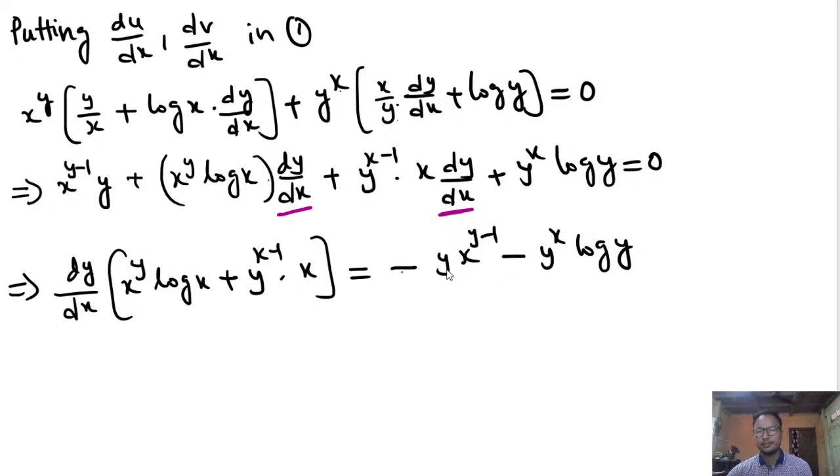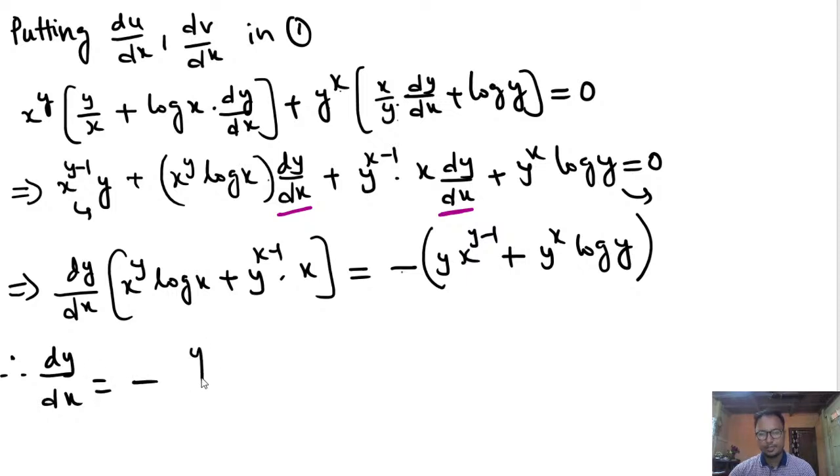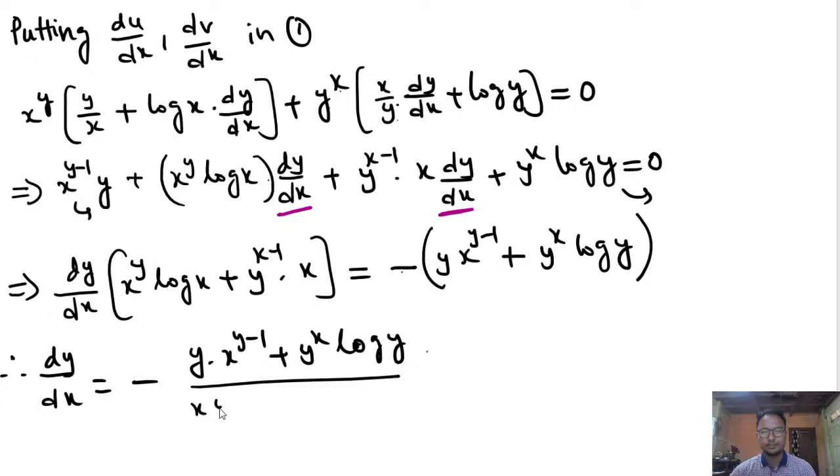Taking the minus sign common, dy by dx equals minus of y into x to the power y minus 1 plus y to the power x log of y, divided by x into y to the power x minus 1 plus x to the power y log of x.